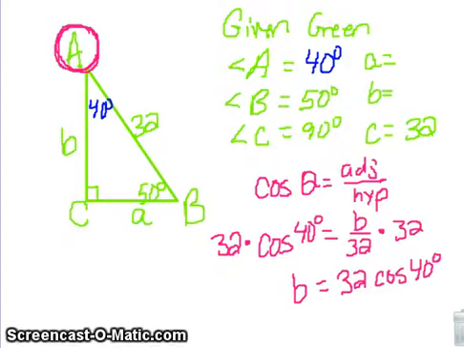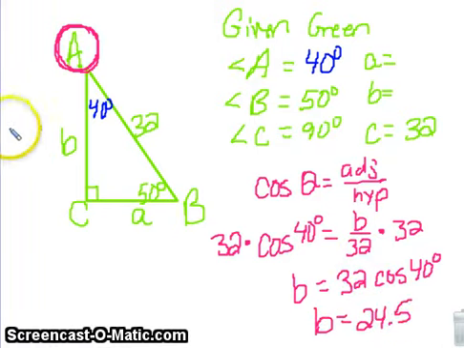If yours is in radians, then highlight degrees and make sure that it is now in degrees. Now, everybody put in 32 cosine of 40 and tell me what side B is equal to. 24.5. So this side is equal to 24.5.